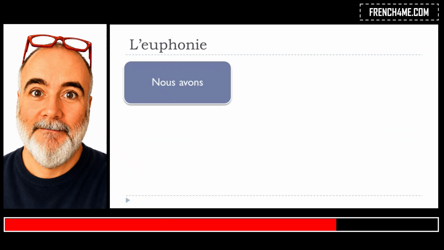Okay, so les liaisons, it's quite important because we tend to make them quite often. I've been making some videos. If you want to watch them, I explain a lot of things regarding the liaison, okay? But in this case, we will only focus on this euphony aspect. So we get this nous avons, okay?